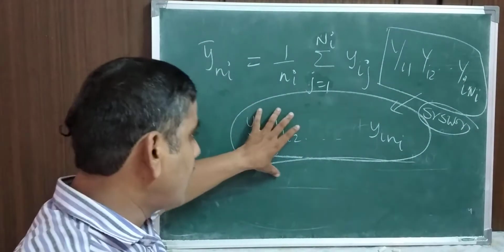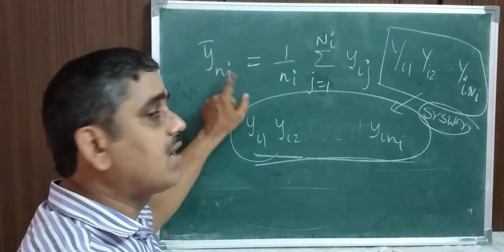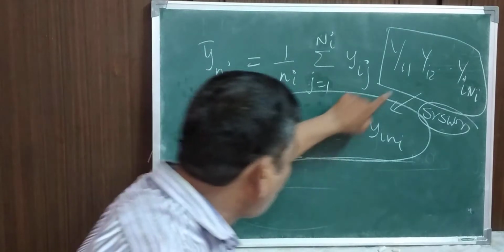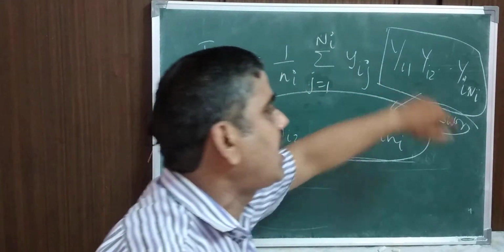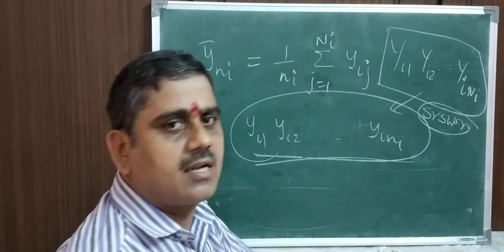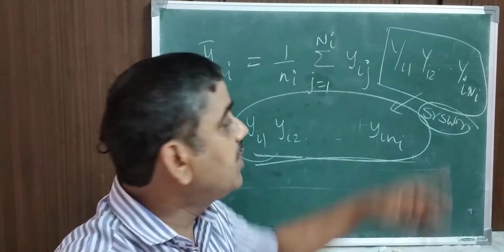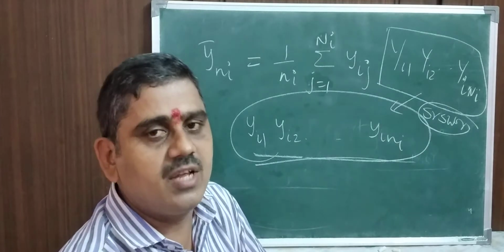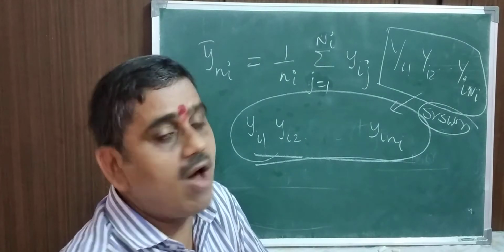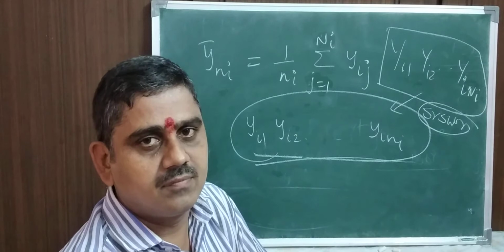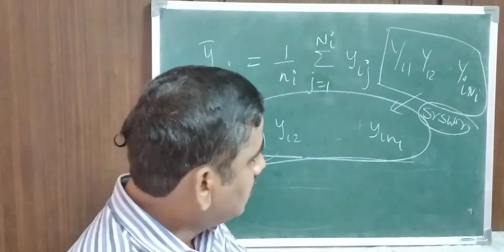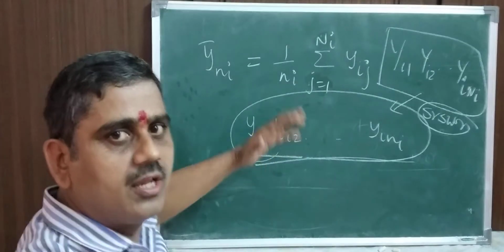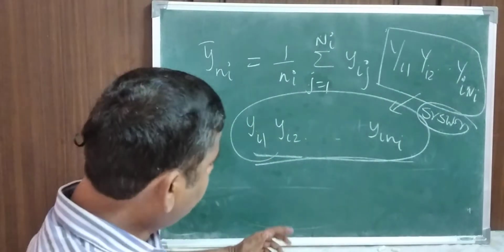This is the mean of a simple random sample drawn from this population, the ith stratum, from these population units, the values of the ith stratum, right? I hope you understand this. Hope you are all following this, right?